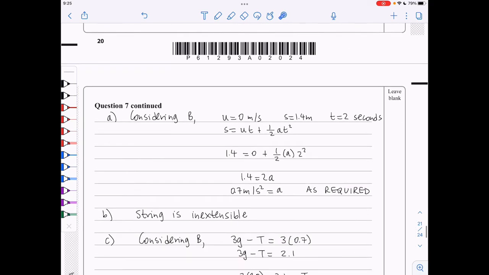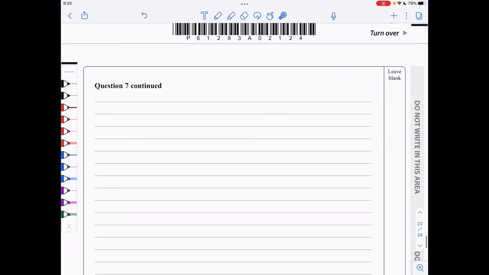So we know that A covers 1.4 meters until B hits the floor, and at that point, it is 0.6 meters from the pulley.